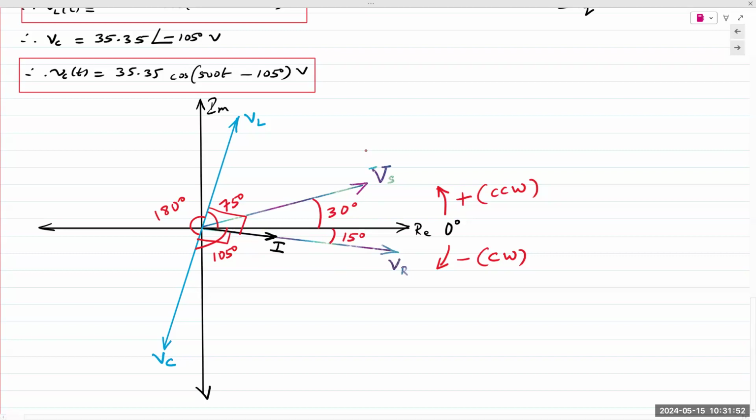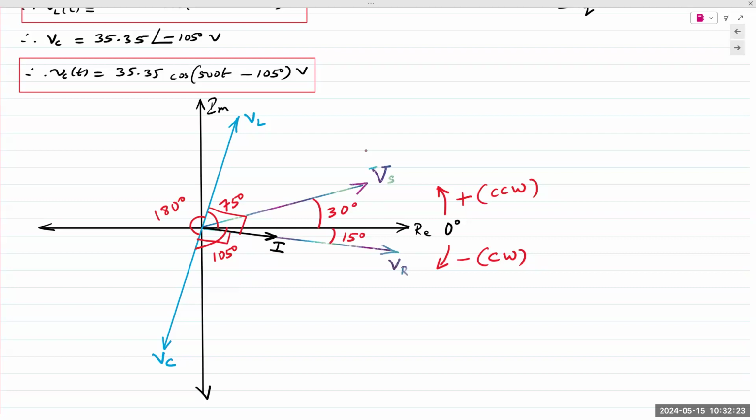ZL and ZC are at plus 75 and minus 105. Because they share the same current, the voltage for the inductor and the voltage for the capacitor are exactly 180 degrees out of phase with each other. Inductor voltage VL is 90 degrees ahead of the current. Capacitor is minus 90, meaning capacitor voltage is 90 degrees behind the current.